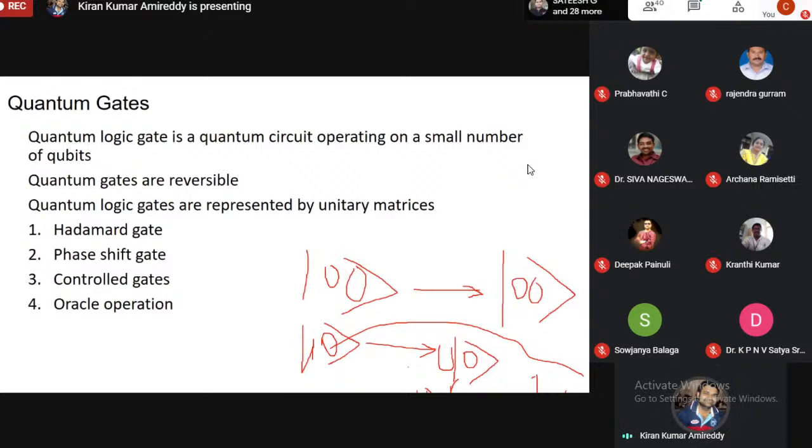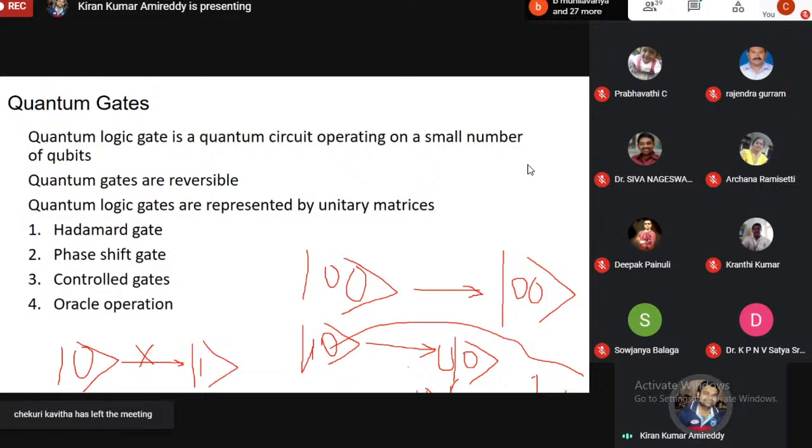And we also discussed some of the gates which are useful, mainly Hadamard gate and Oracle operation and Pauli's gate. So the Pauli's gate, if you apply the Pauli's gate, then it will be like this.